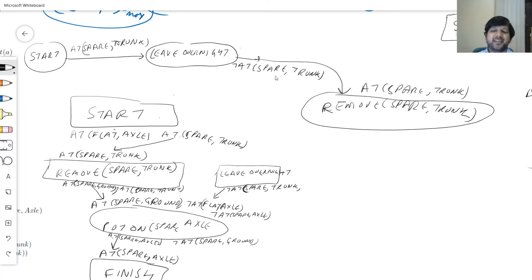Now the problem is that leave overnight undoes at spare trunk, which start was achieving for remove spare trunk. So these are extremely complicated things.